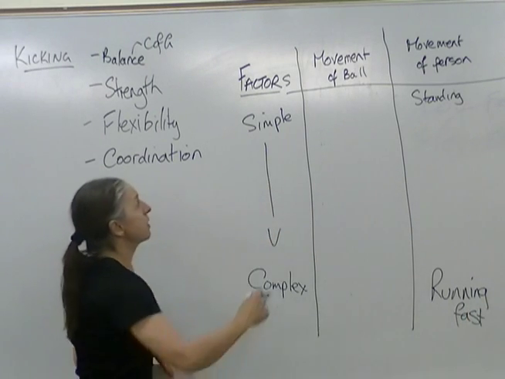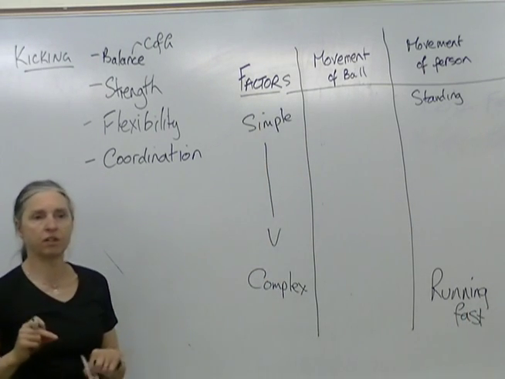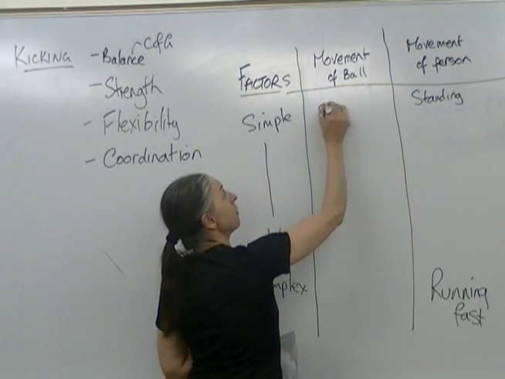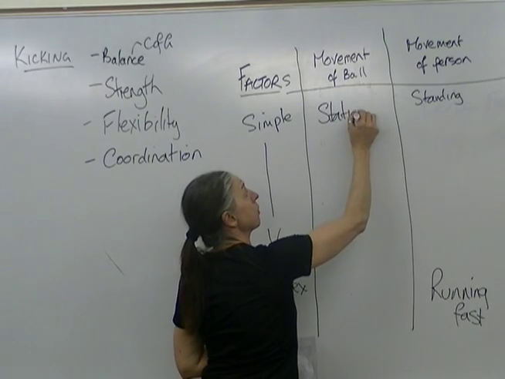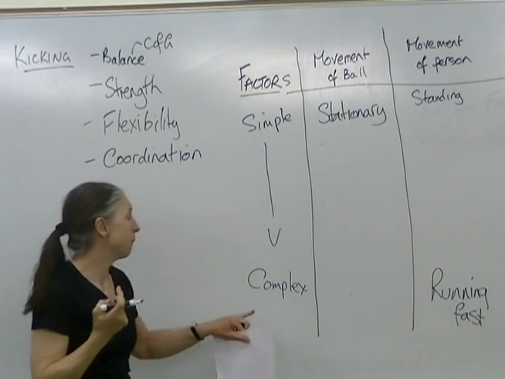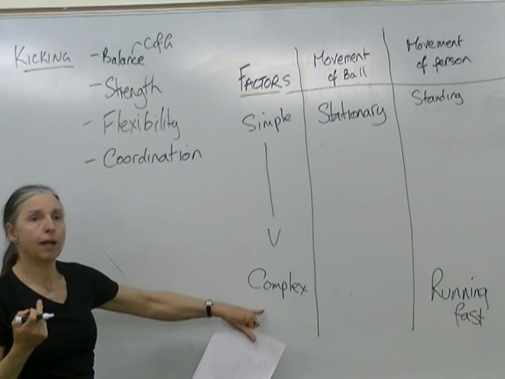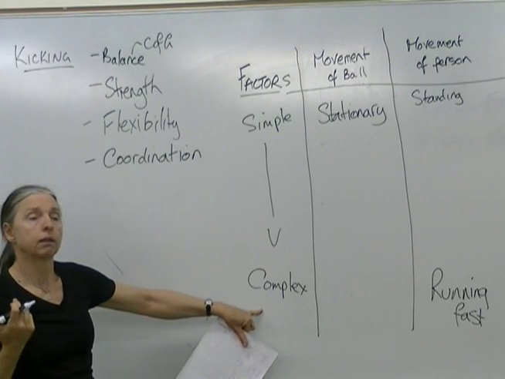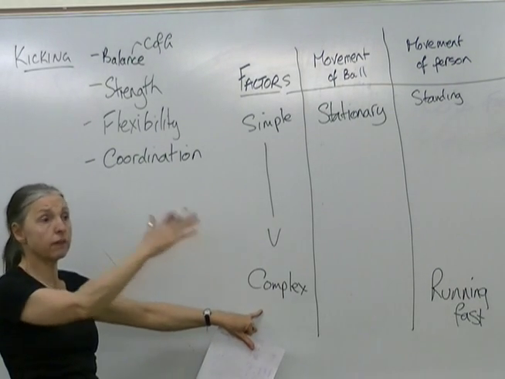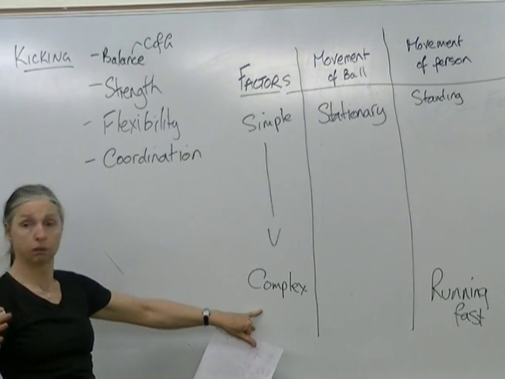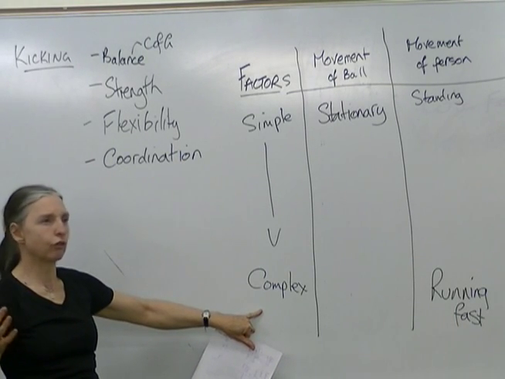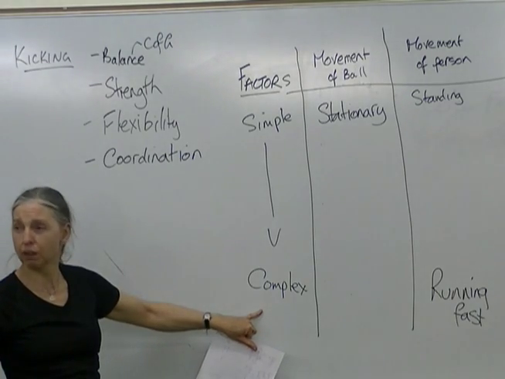Okay. What's the simplest version of movement of the ball? Staying still. Stationary, right? Good. Now, the most complex, according to the literature, forwards backwards is harder than side to side. Always seems a little odd to me, but according to the literature.